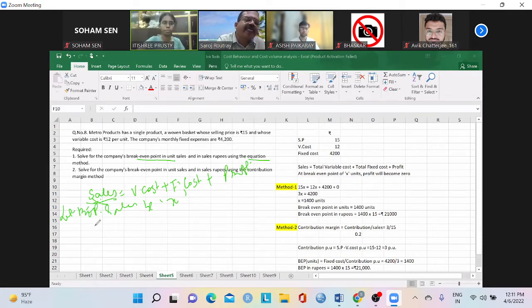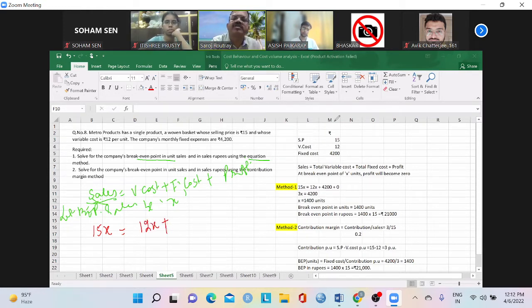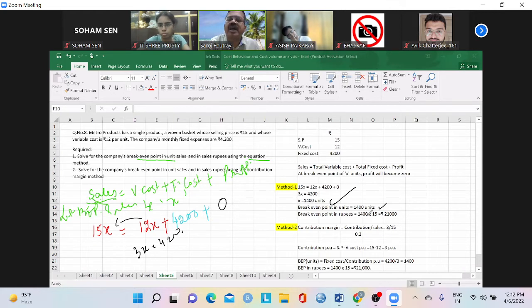Sales will be 15x. And variable cost will be 12x. And fixed cost will be 4,200. And profit will be 0. So if I calculate it, 3x is equal to 4,200 and x is equal to 1,400 in units and in rupees 21,000.